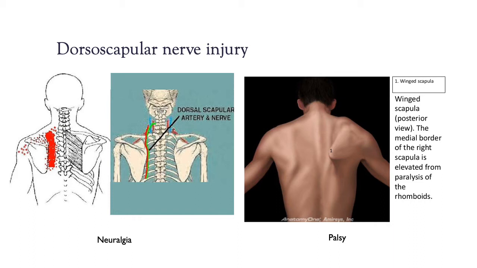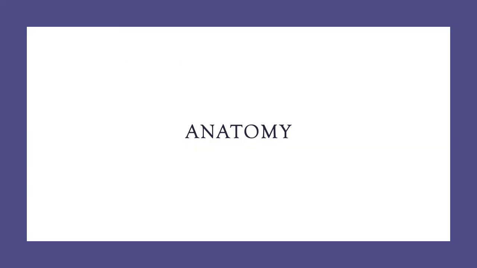And this aching pain would correlate to the rhomboids, minor and major. For the serious one, you can see a clinical picture called winging scapula, as shown in the slide.